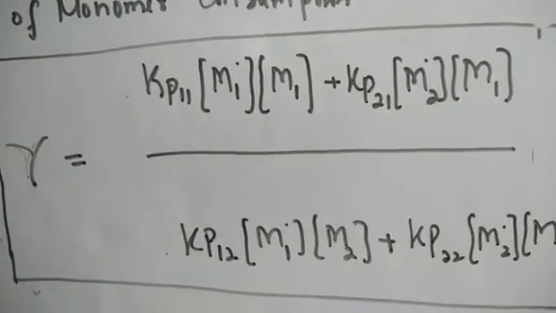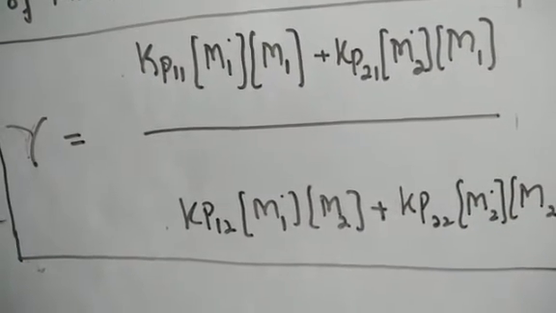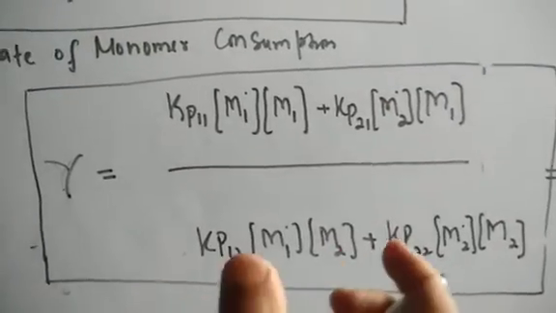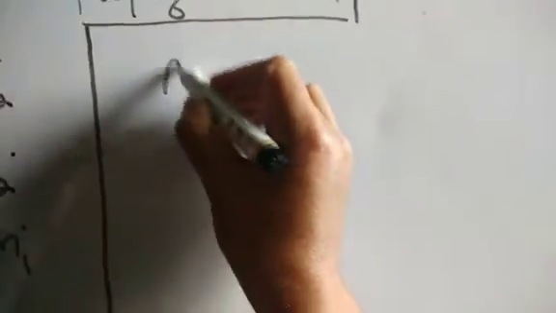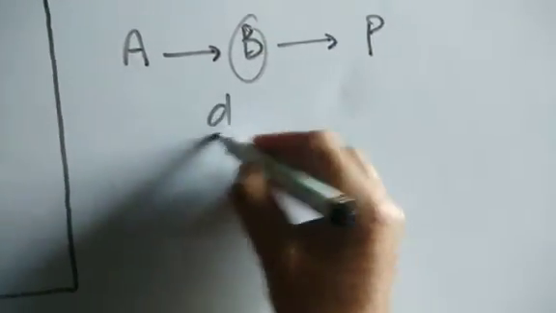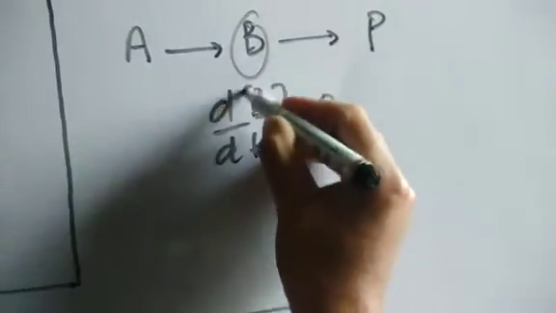Now after that, we always apply the steady state approximation. In the steady state approximation, we assume that a particular component hardly changes during the course of time. For example, A gets consumed to give B and B forms the products. Then d/dt of B is equal to 0.